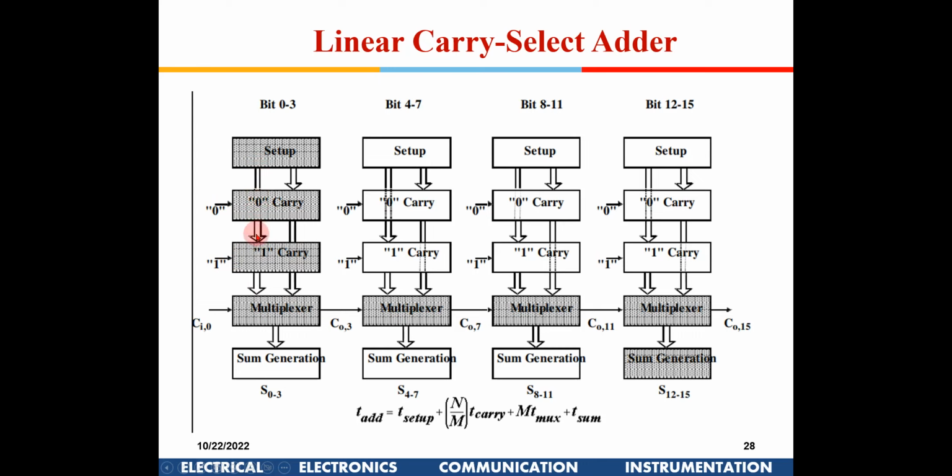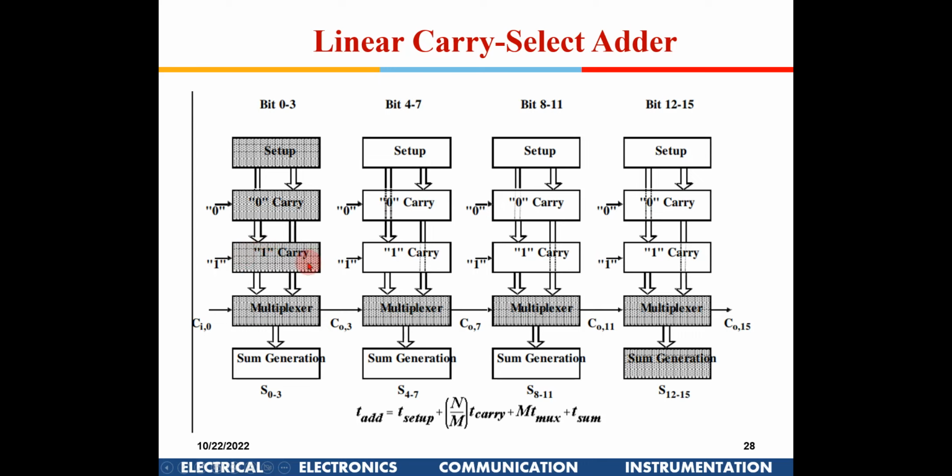So from the setup I am giving input simultaneously to this block and this block. For this block I am assuming the carry input to be 0, and for this block I am assuming the carry input to be 1.